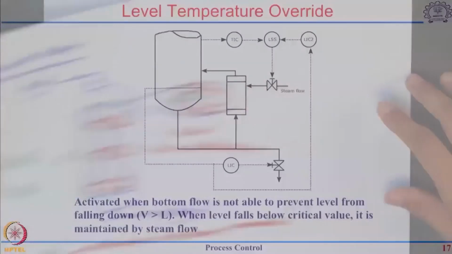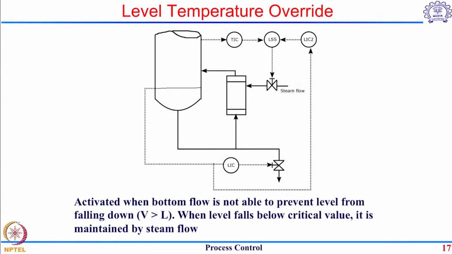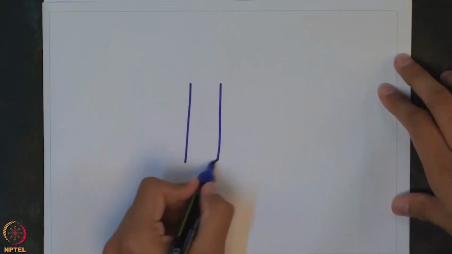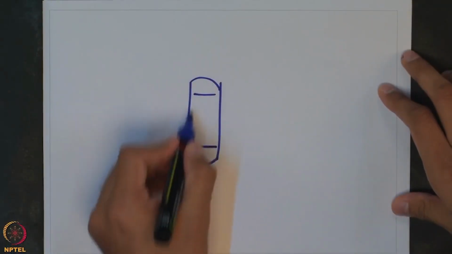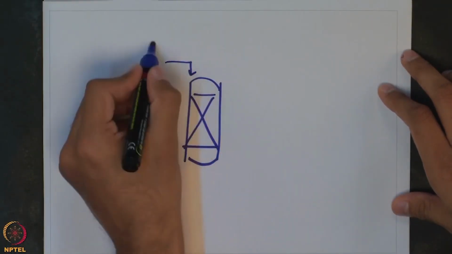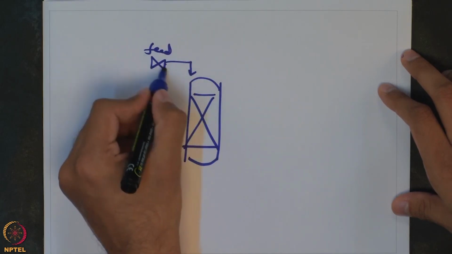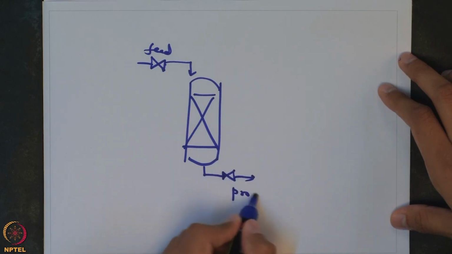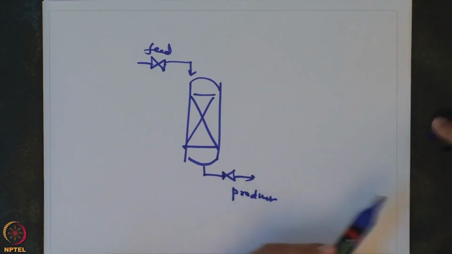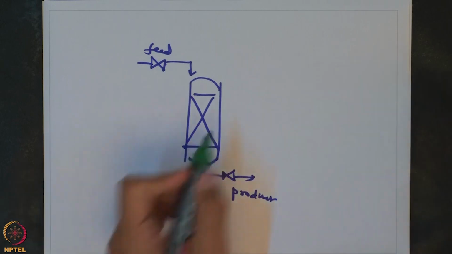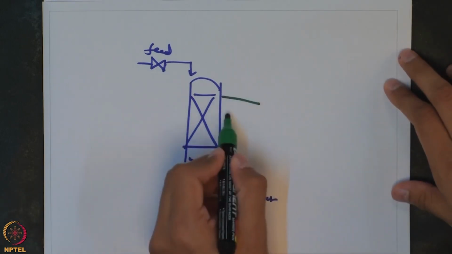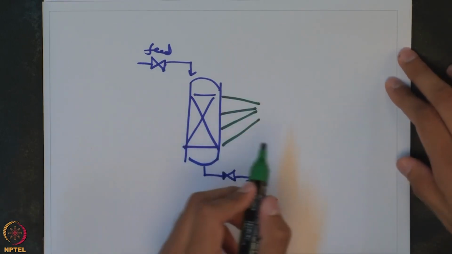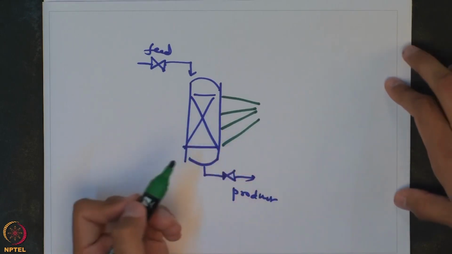So if I want to show what this strategy would look like, let us say this is our packed bed reactor, this is your feed, this is your product, and from this reactor we will have multiple temperature measurements taken at different locations, different radial distances, different angles.